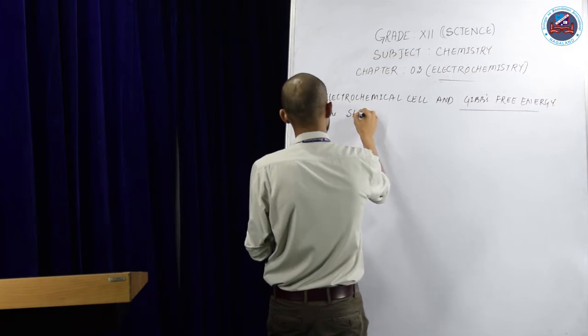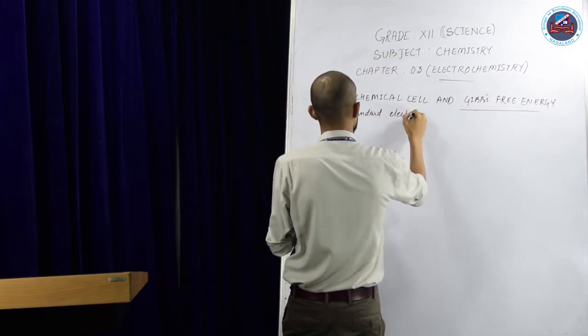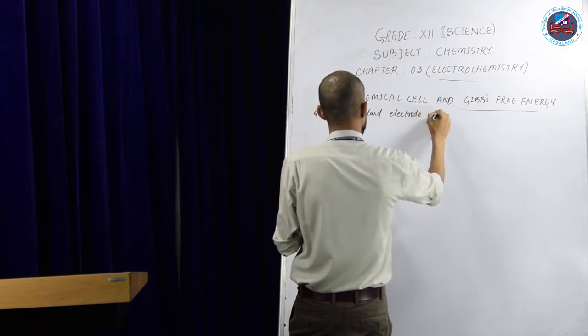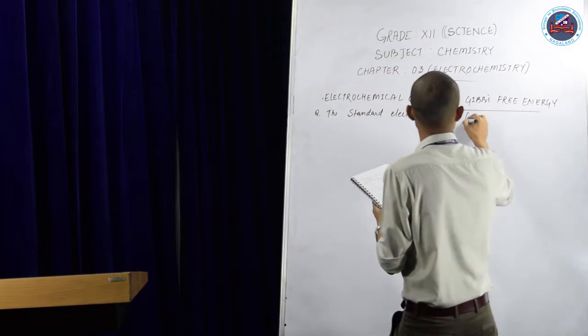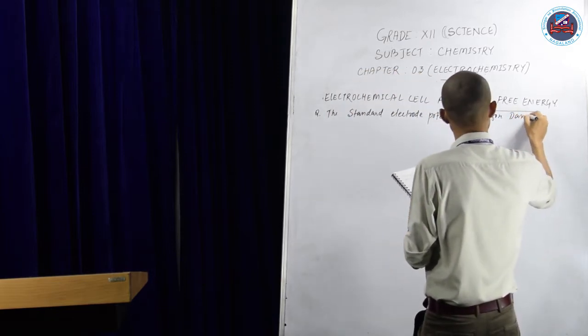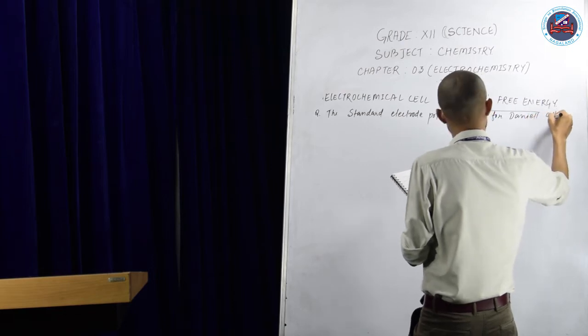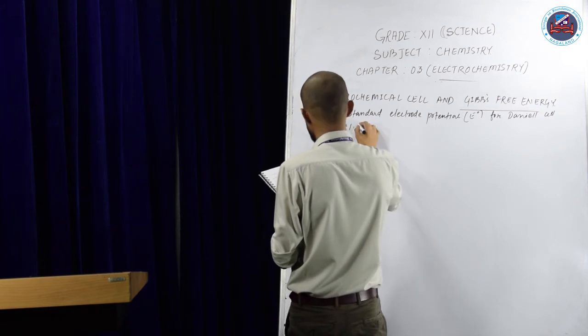The standard electrode potential E naught for Daniell cell is 1.1 volt.